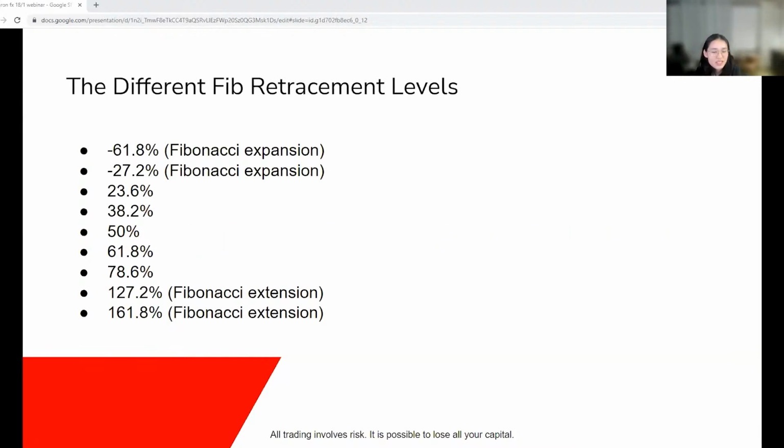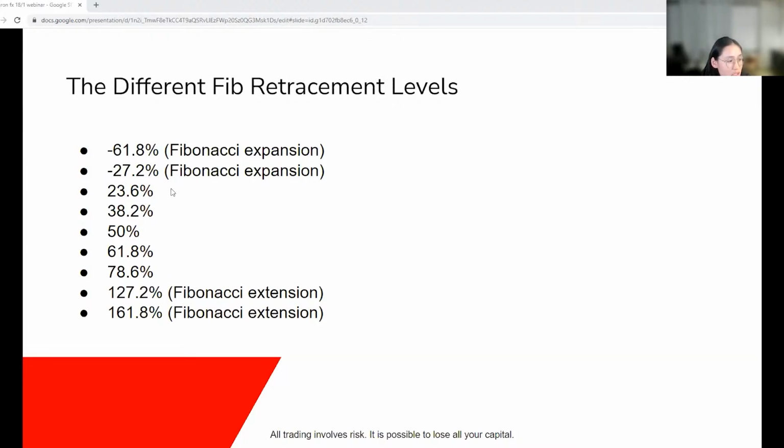Okay, so now that we know how to draw Fibonacci retracement trend lines and we know what to look out for, let's look at the different types of levels ranging from negative all the way to more than 100. In the negatives, we have minus 61.8 and minus 27.2, which are classified under Fibonacci expansions.